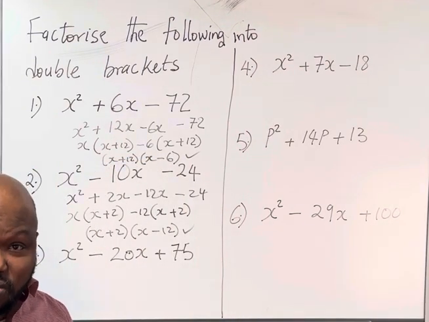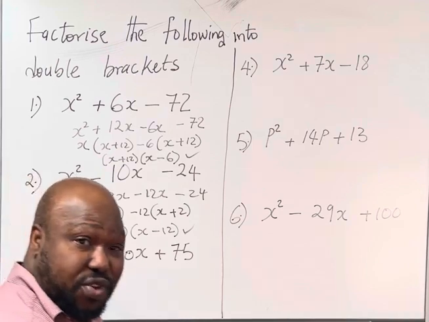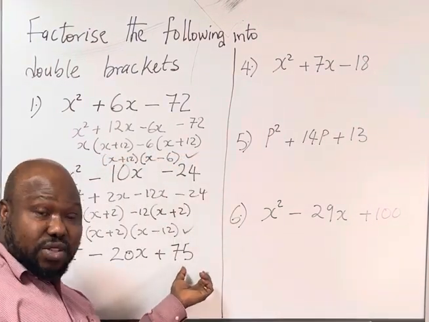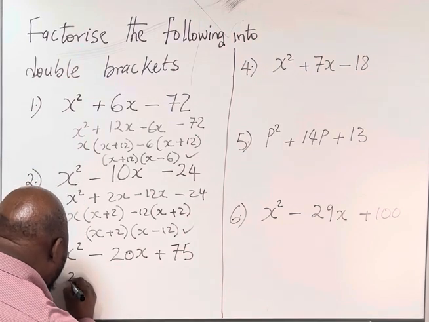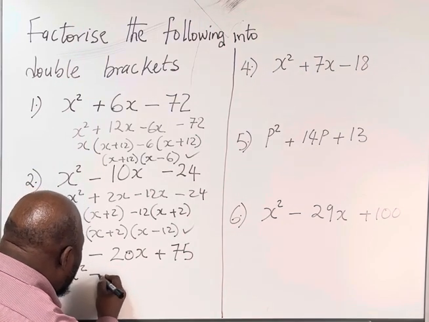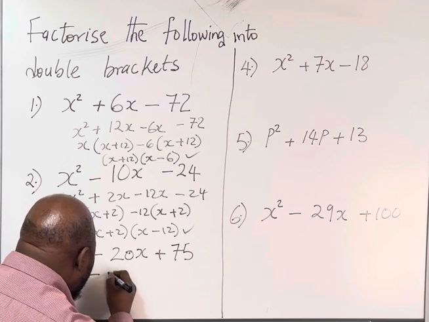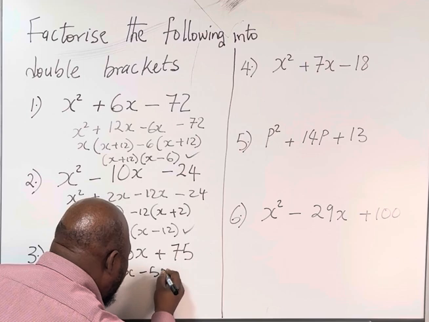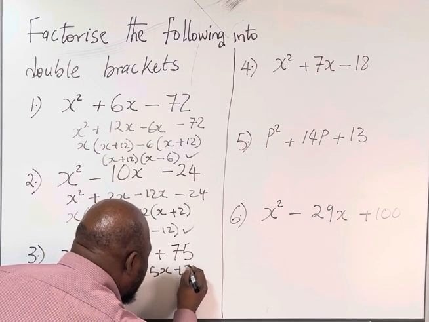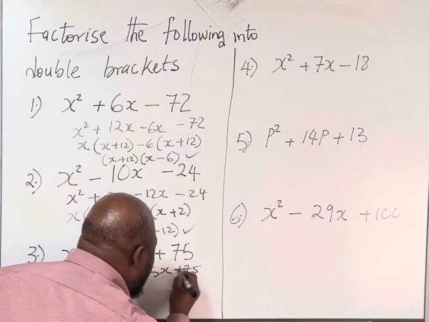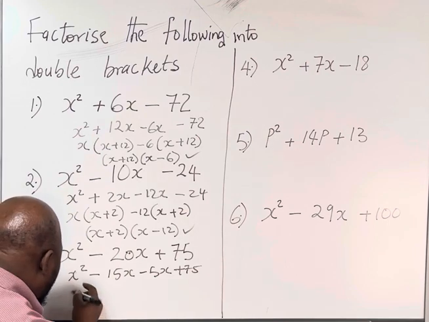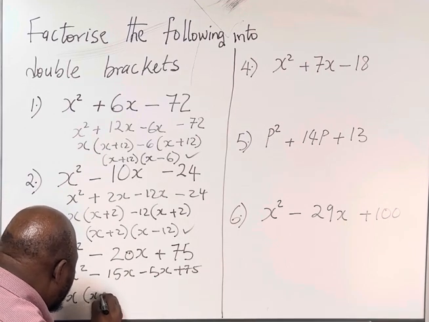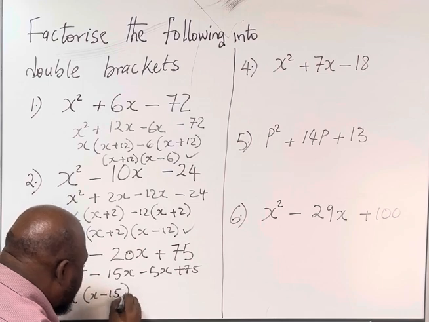That gives us minus 20, and minus 15 multiplied by minus 5 gives us 75. So we have x squared minus 15x minus 5x plus 75. We now factorize out x here.